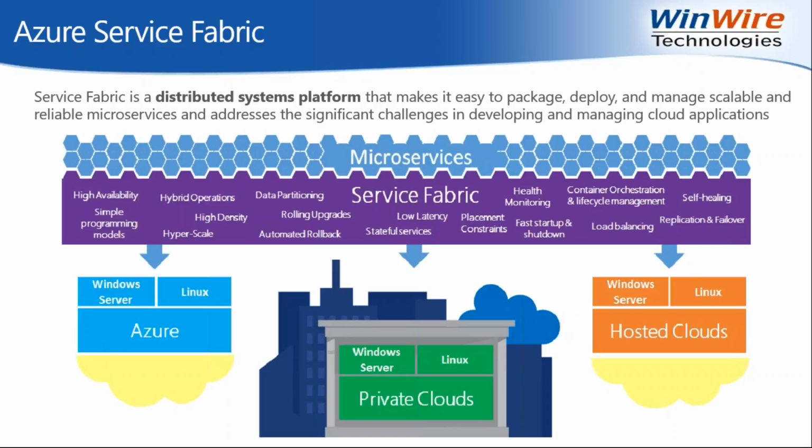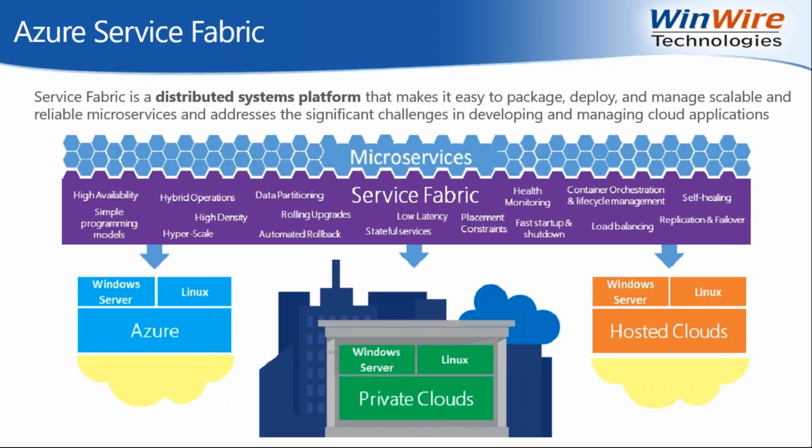Service Fabric is a distributed systems platform that allows you to focus on your regular application development issues, which may be more important to you, and makes it simple for you to manage your microservices-based application.